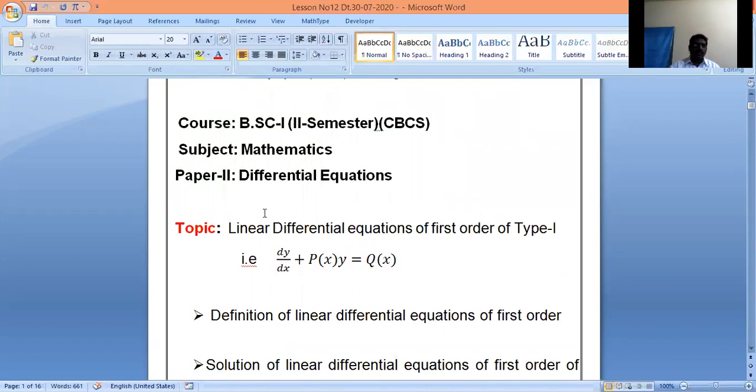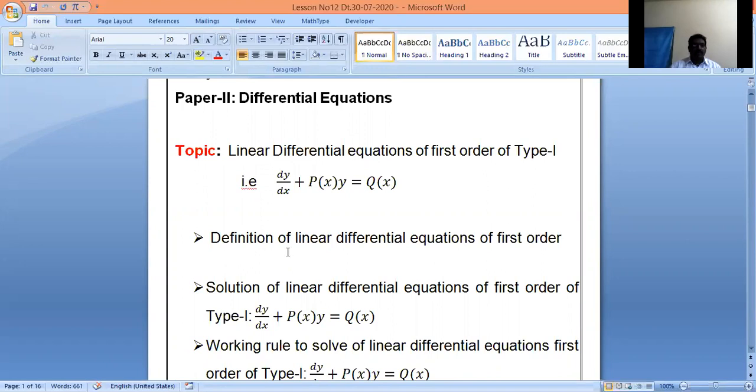In this video, we are going to learn linear differential equation of the first order of type 1, that is dy by dx plus p of x into y is equal to q of x.